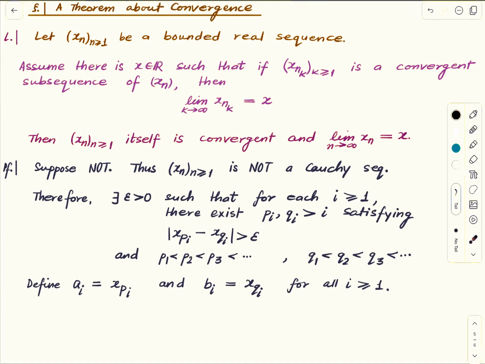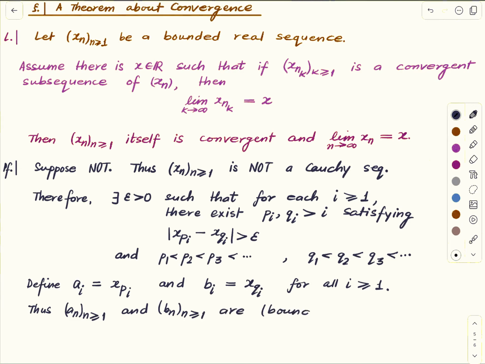Okay. And since this was a bounded sequence, both the sequences, thus this and that are subsequences of the original sequence x_n. But forget about x_n for the moment.